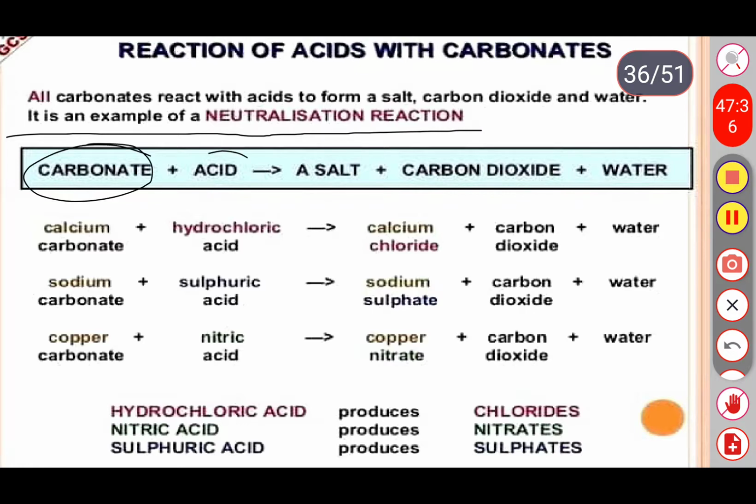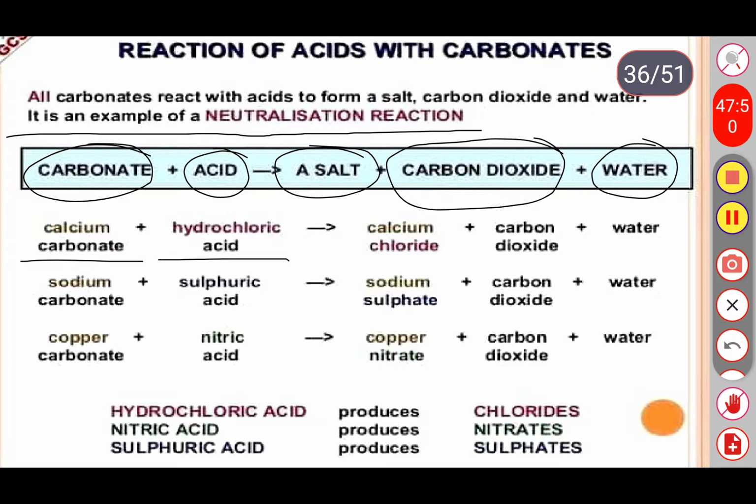First one, calcium carbonate. When calcium carbonate is combined with hydrochloric acid, what does it form? Calcium chloride, carbon dioxide and water. Similarly, second one, sodium carbonate. When sodium carbonate reacts with sulfuric acid, it forms sodium sulfate, carbon dioxide and water.